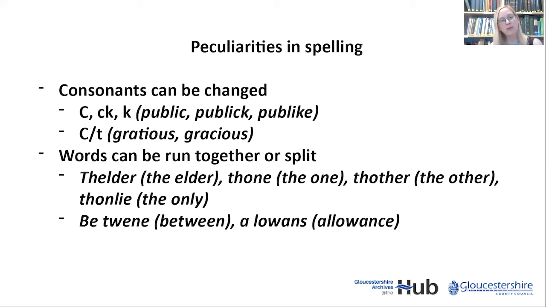And then you've got lots of words that can be run together or split on the flip side. So you've got the elder or the one, which today obviously we would put a gap in the two words, but back then they would just merge them all together. And then between and allowance, the opposite, making a space where we wouldn't be used to that now.